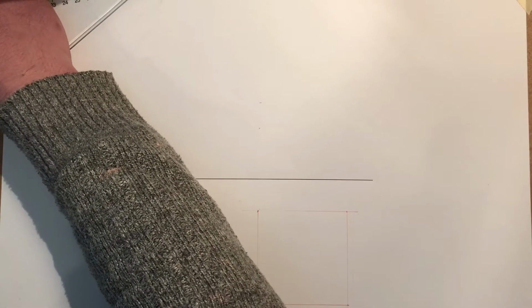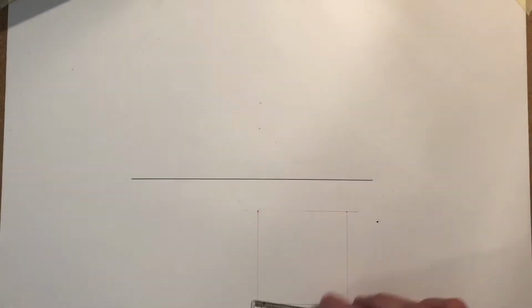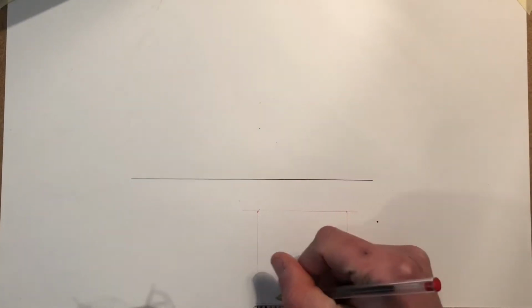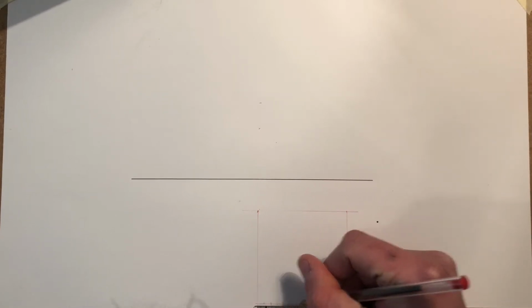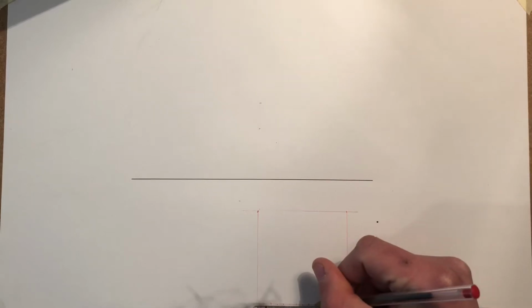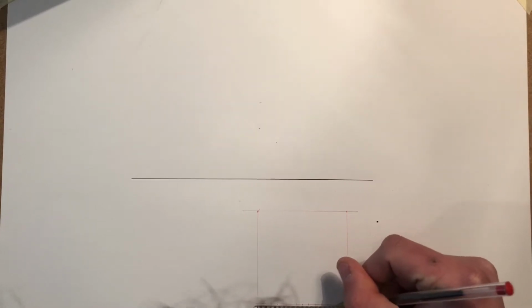We count up the squares and it's 2, 4, 6, 8, 10, 12, 14 squares left for 5mm boxes now. Back to first year graphics.